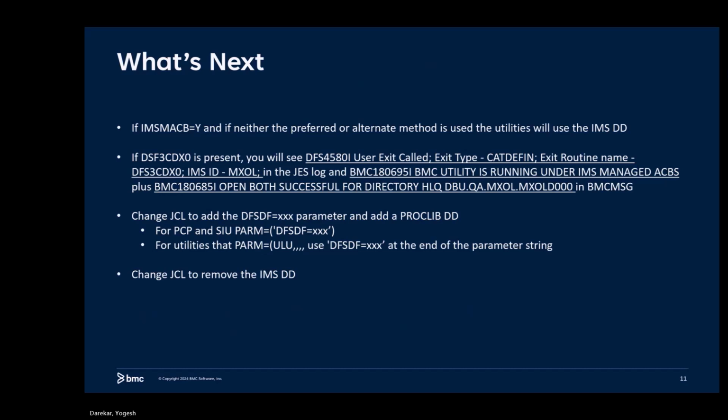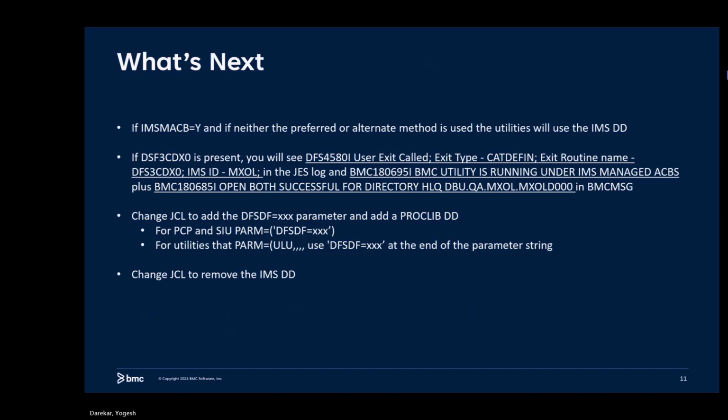We also display a message saying that the utility is running under IMS managed ACBs. And then finally, we show the high-level qualifier for the catalog that we're using, so that you can verify which catalog is being used.